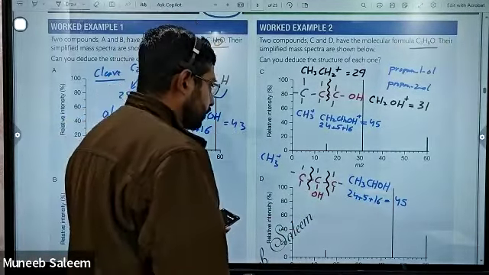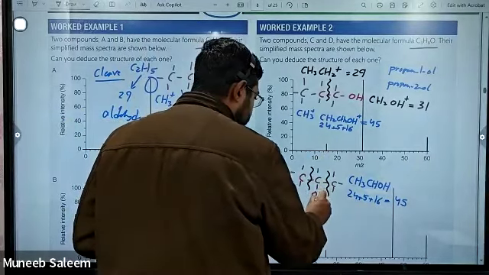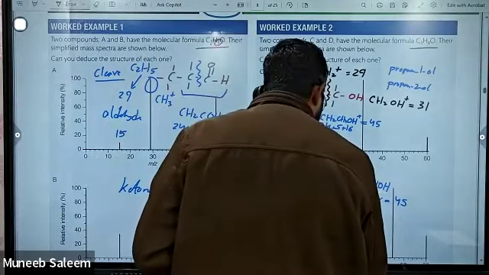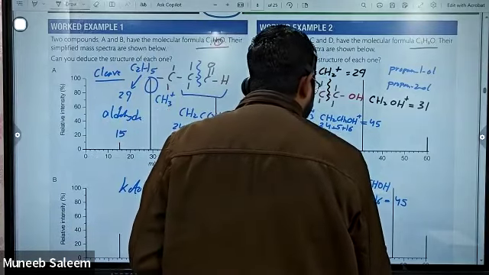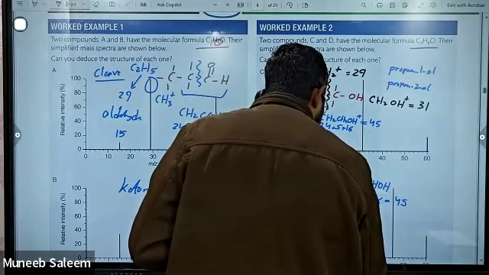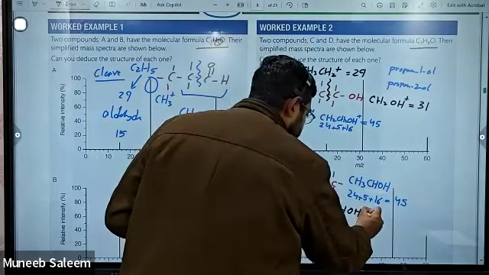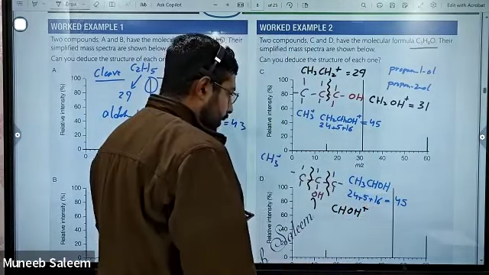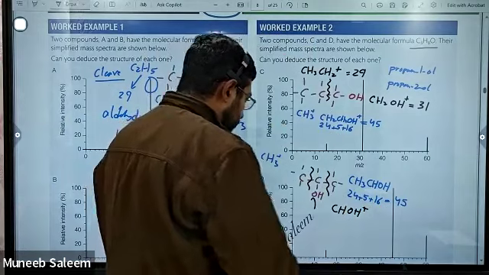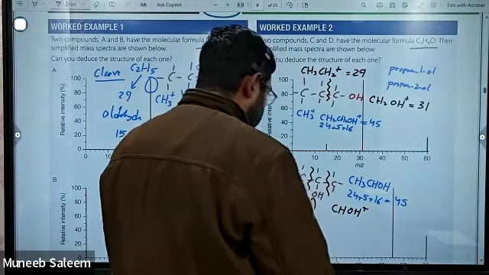However, this part is a different fragment here. So let's check what it gives. It will make the CHOH cation. This fragment has CHOH and the value of this part becomes 30.